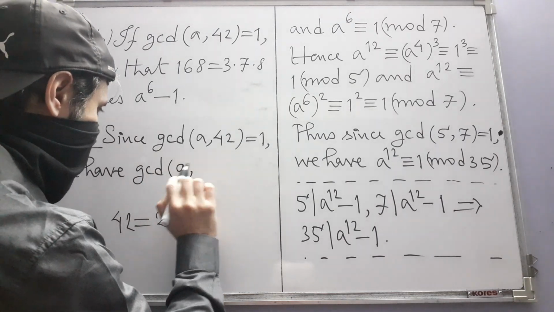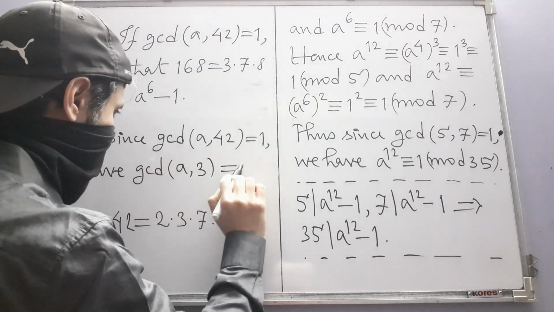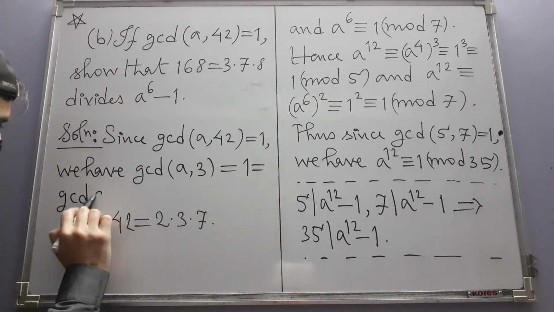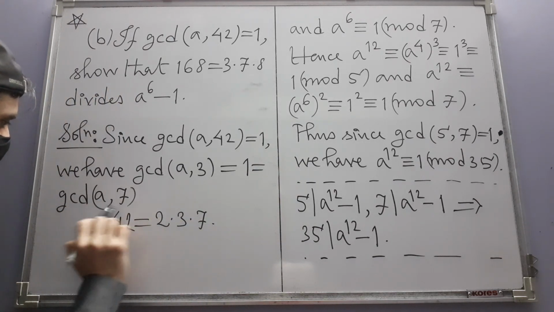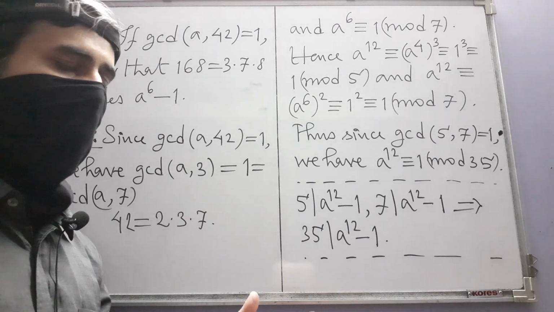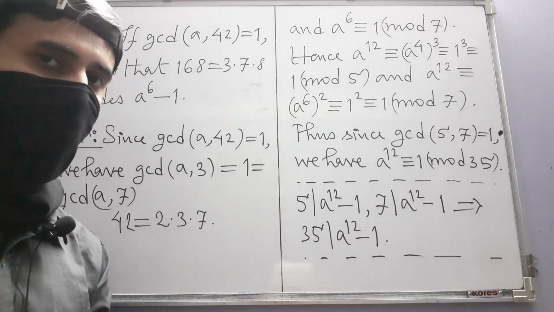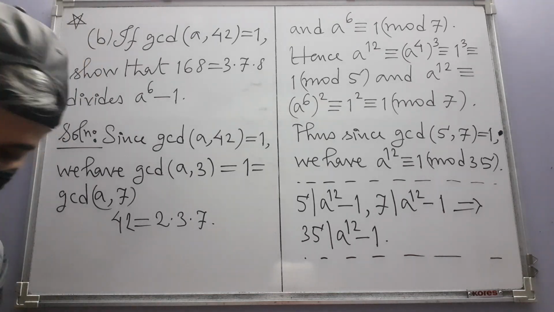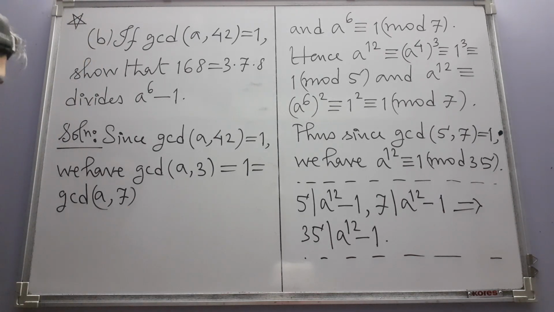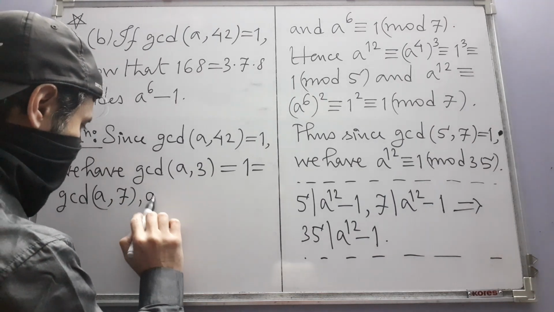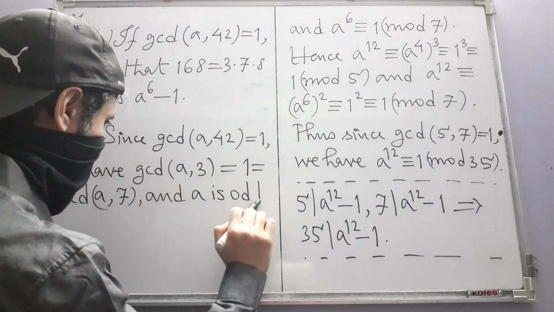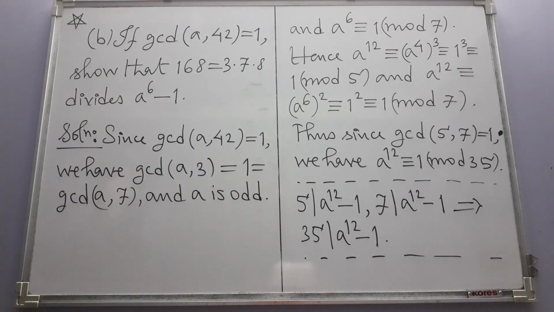So GCD of A and 3 is 1 and GCD of A and 7 is also 1. And being relatively prime to 2 means what? It means being odd. And A is odd. Okay.